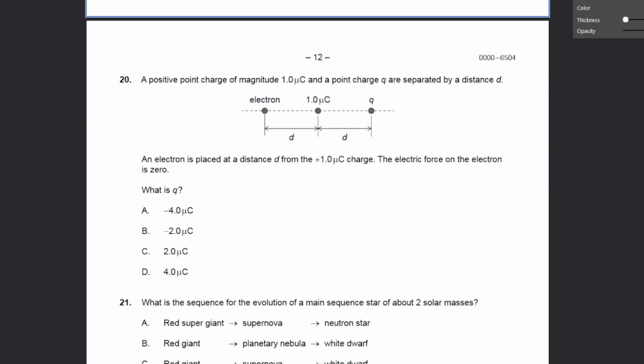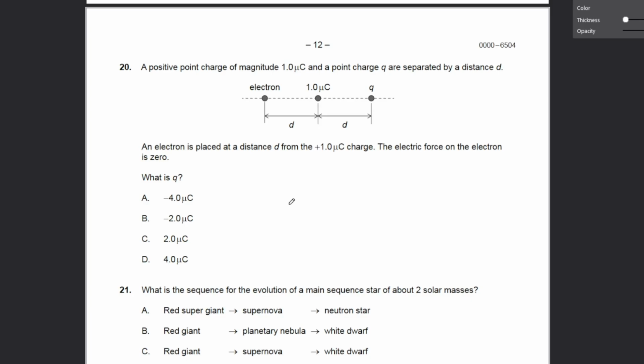All right, question 20. A positive point charge of magnitude 1 microcoulomb and a point charge Q are separated by a distance d. An electron is placed at a distance d from the 1 microcoulomb charge. The electric force on the electron is 0. What is Q? All right, so since the electric force on the electron is 0, this means that the forces are canceling out.